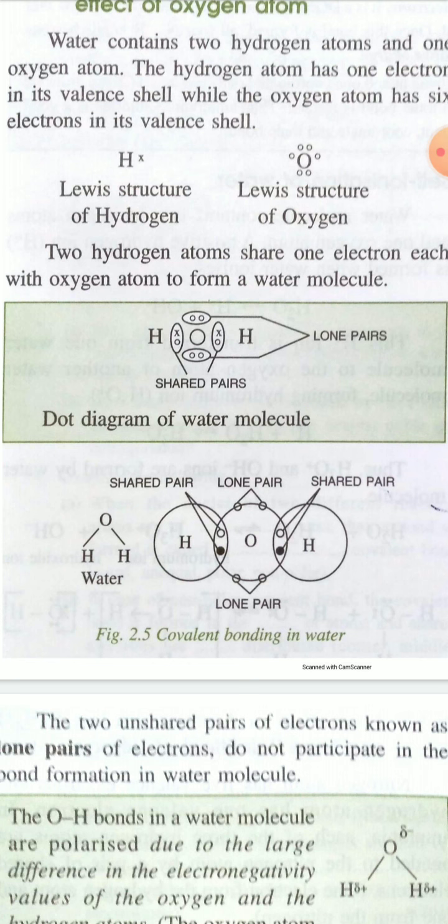So in water there are two lone pairs, or non-bonding electrons. Lone pair electrons are a pair of electrons which are not shared with any other atom. We know that. So in water, oxygen has two lone pairs of electrons.